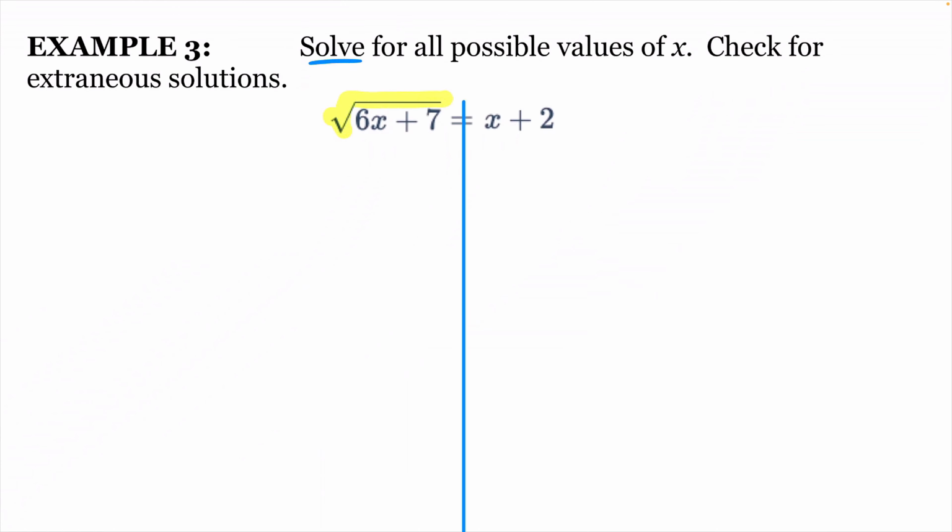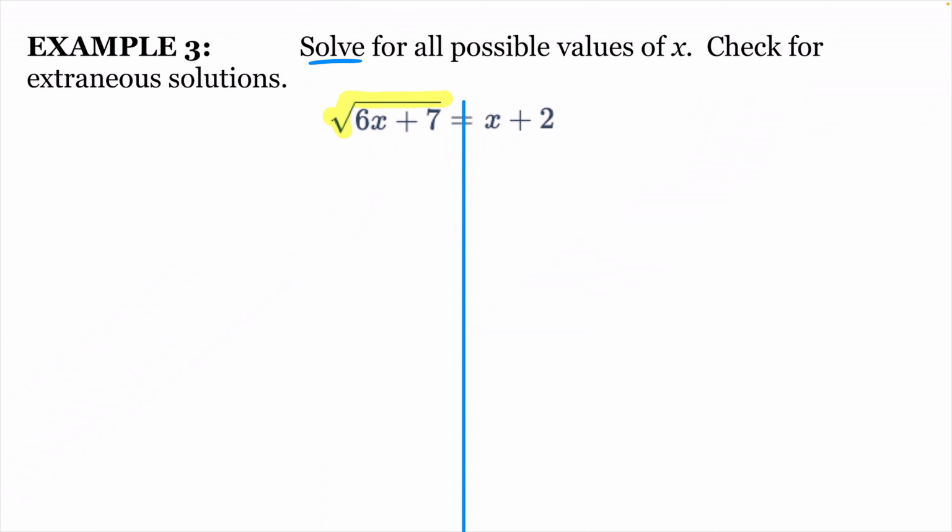Well, the root is on the left side, right? Is there anything else besides the square root on the left side? No. The only thing is the root. There's no +4 in the front or anything, right? It's just the root. So they actually did step 1 for me. So go to step 2, get rid of the root.